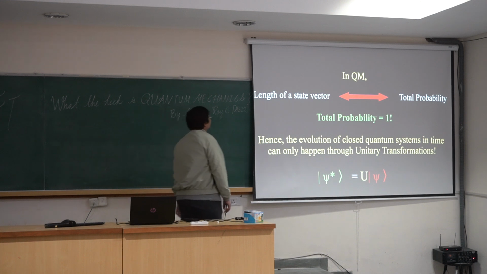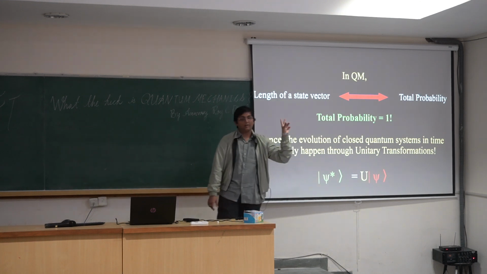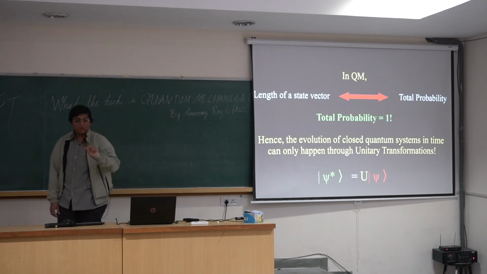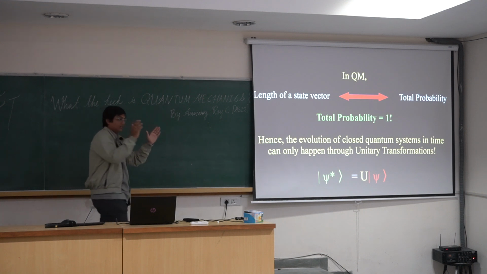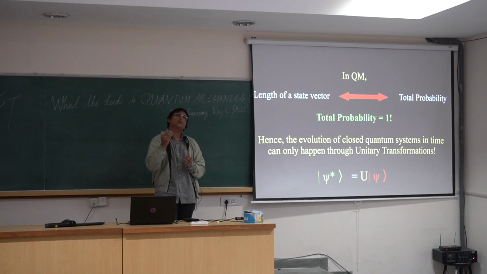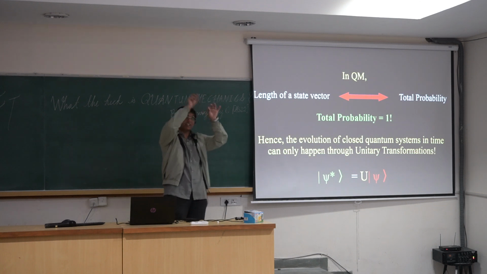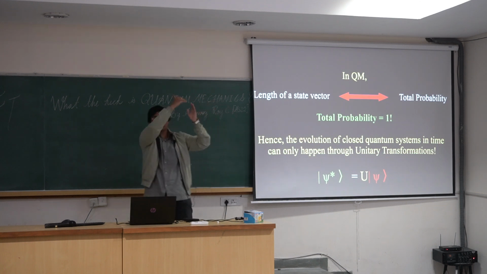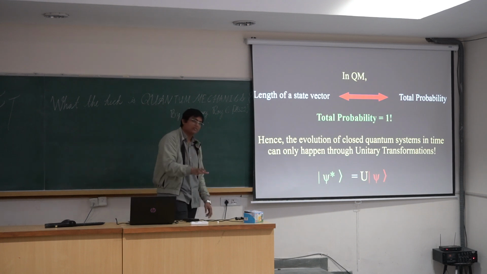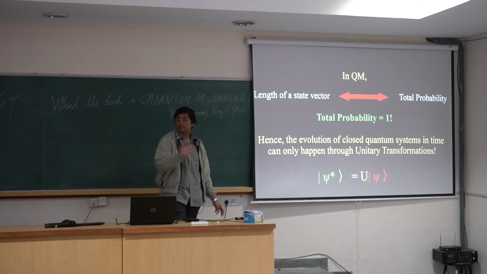In QM, the length of a state vector is related to the total probability of finding that system. You can find the system in different states or different projections of the vector, x projection, y projection. But you will find the system, right? It's there. If you make an observation, you will find the system, right?